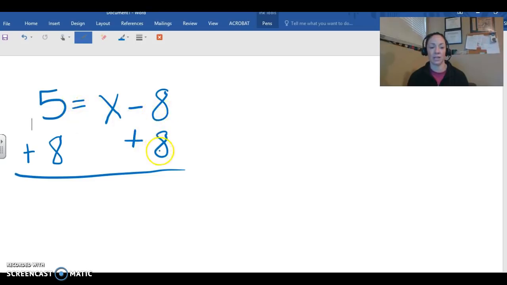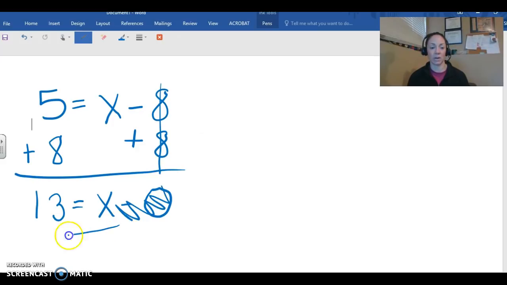So minus 8 plus 8, well, that cancels each other out. We wind up with 0 again. So on the right side, we have x minus or plus 0. It won't matter. Get rid of that. 5 plus 8 equals 13. So right here we see that x equals 13.